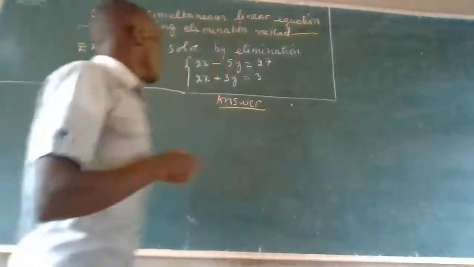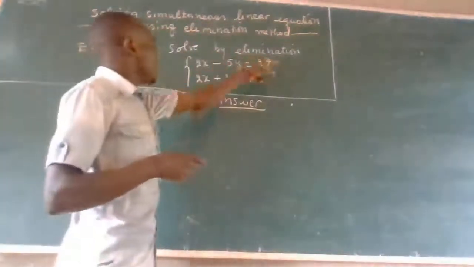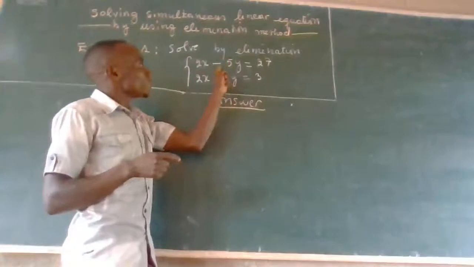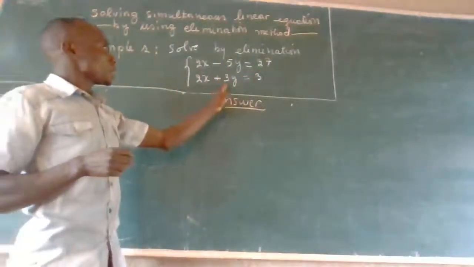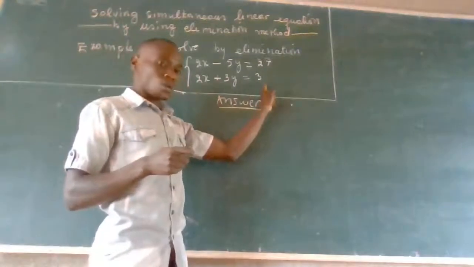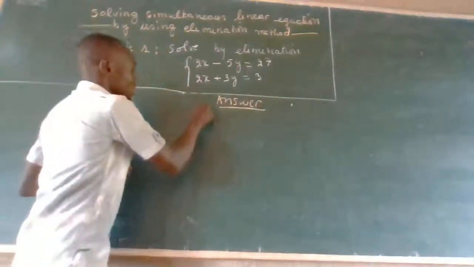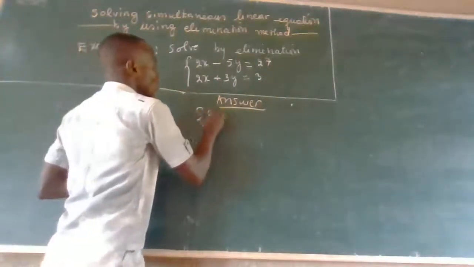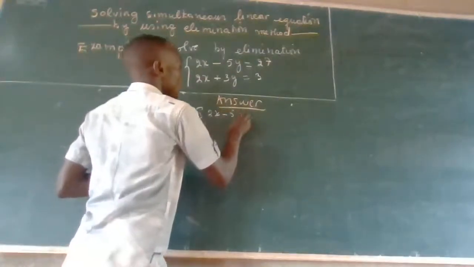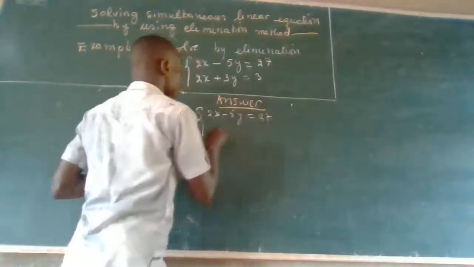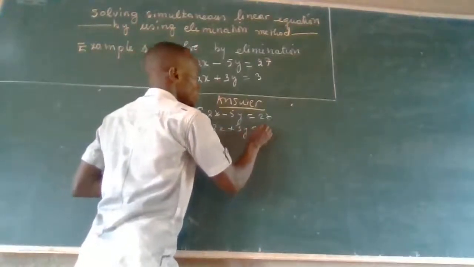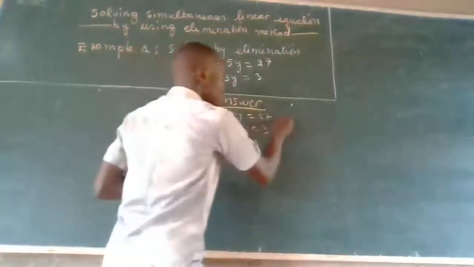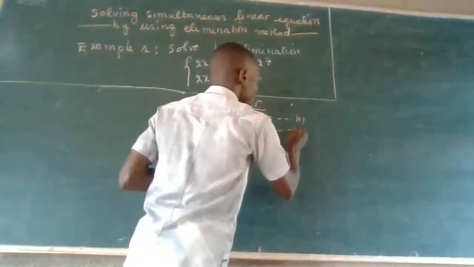For example, here we have to solve by elimination 2x minus 5y equals 27 and 2x plus 3y equals 3. This is equation 1 and this is equation number 2.